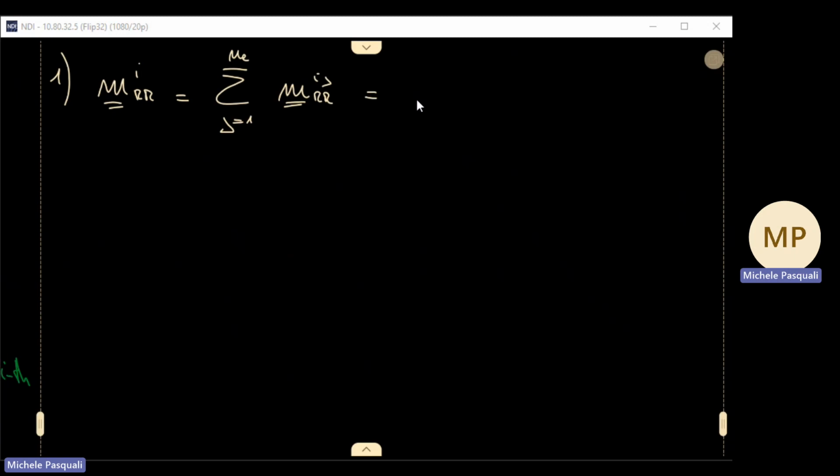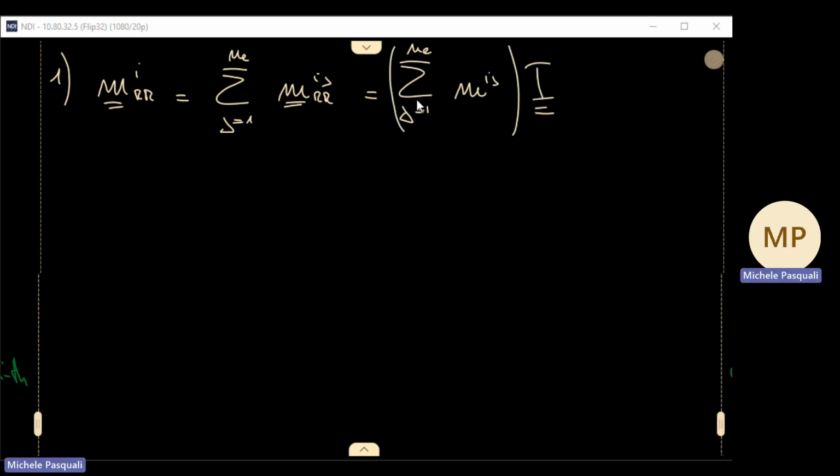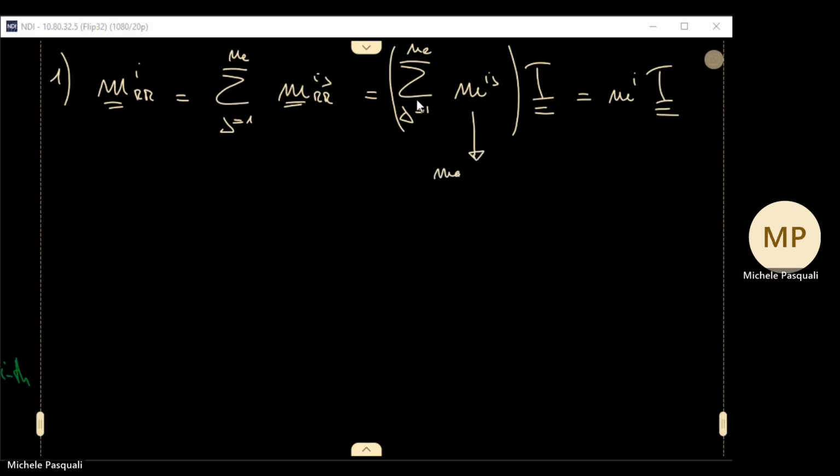And therefore, this basically becomes written in such a way where, of course, this is the mass of element J, and this instead is the mass of the overall body. Okay, so I would really say it's kind of trivial.